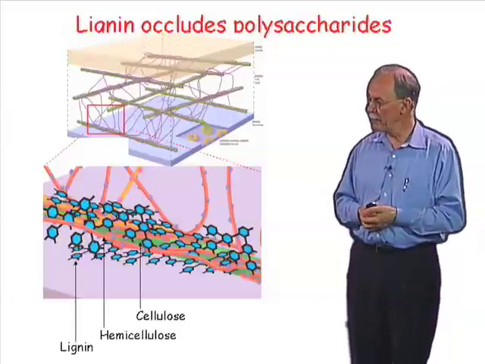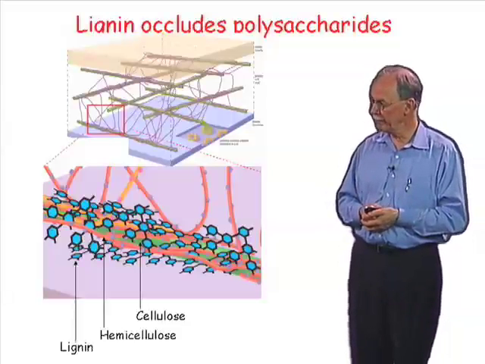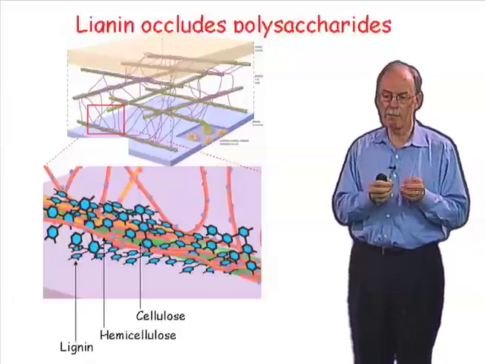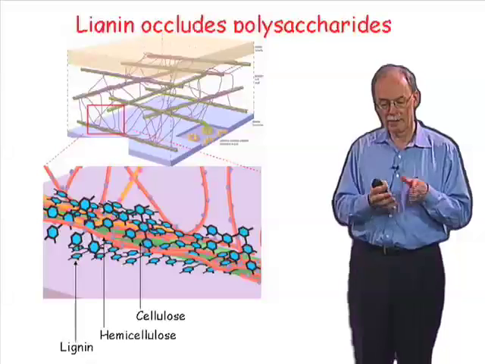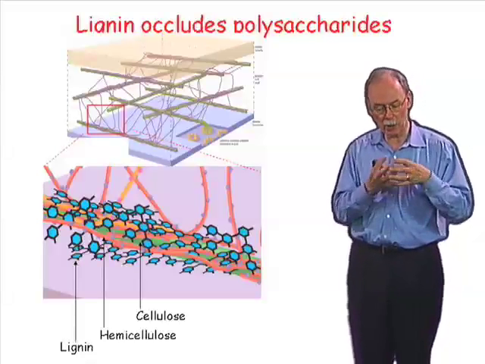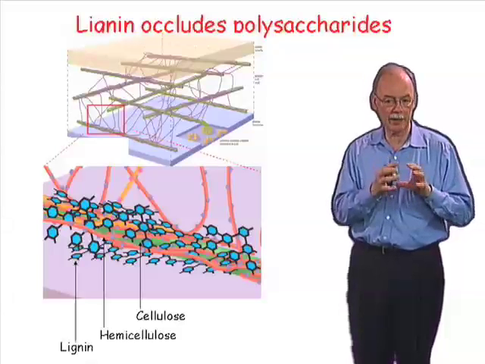So this is a very difficult material to really understand. The size of most of the components is below our ability to image with current imaging technologies, and we don't really know what the fine scale structure of this is.